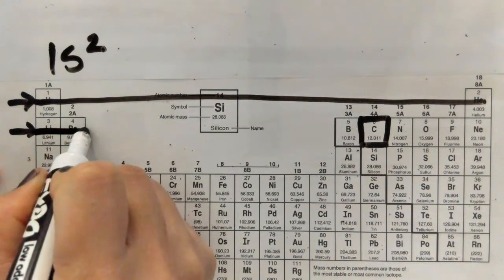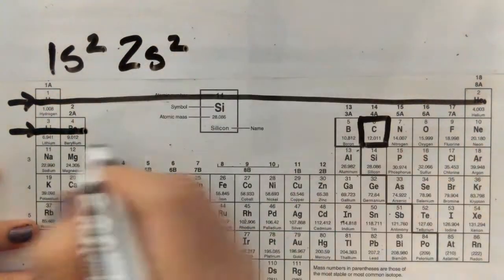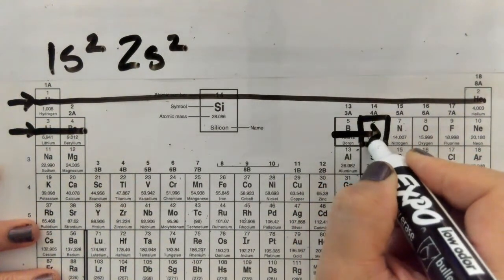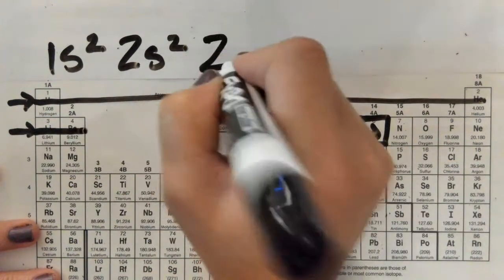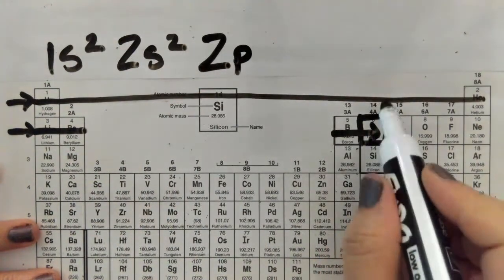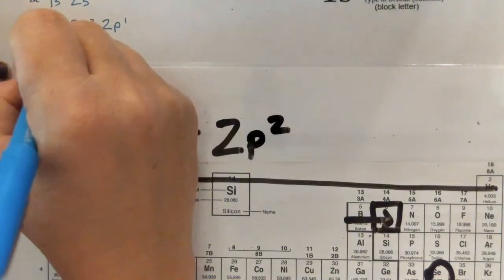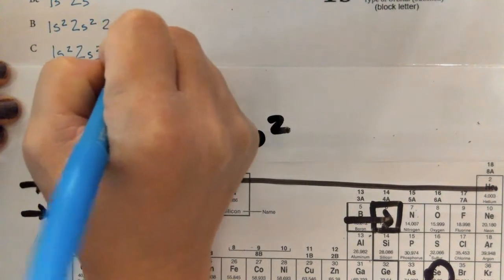When I go through here, this is 2s2, and now I'm in the P block, and I'm going to stop here at carbon. So it's row 2, it's the P block, and it's the second column into the P block, so it's 2p2. Carbon is 1s2, 2s2, 2p2.